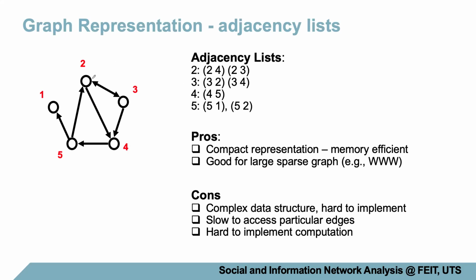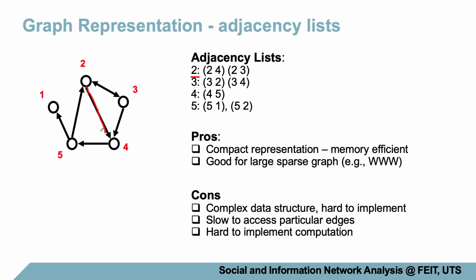For each node, we use a list which contains the vertices that are adjacent to this vertex. For example, in this example graph, for vertex 2, we only record the outgoing edges here.